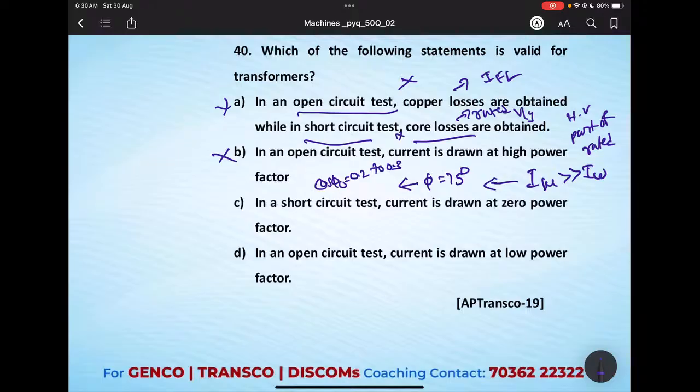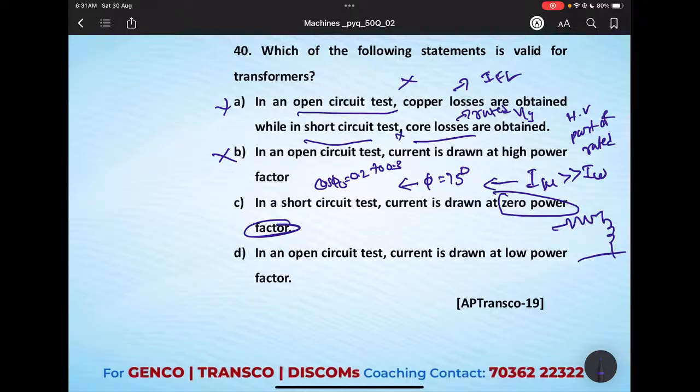The next option: in the short circuit test, current is drawn at zero power factor. No, in the short circuit test it may not be completely lagging by 90 degrees, because it has both resistive and reactive parameters.